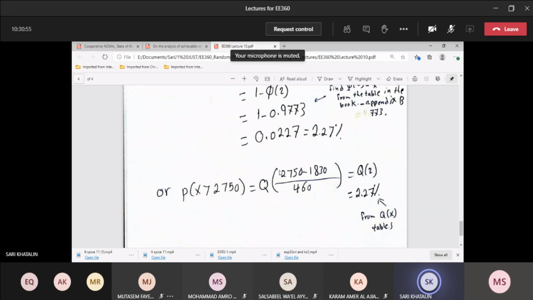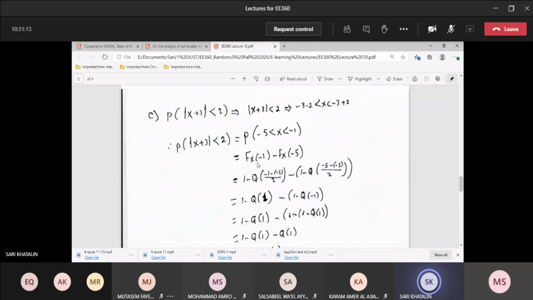So this is the end of today's lecture. This is what we need to understand today. Today we covered the Gaussian random variable, or the normal distribution, if you will. It's a very important distribution to understand.